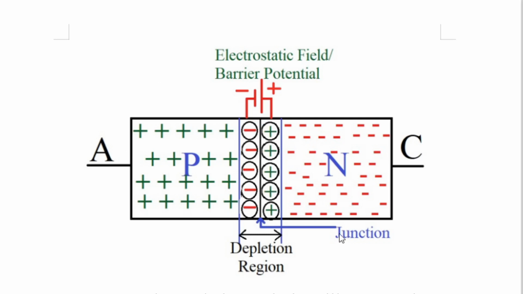A PN junction diode is a single crystal, and when p-type material is combined with n-type material, at that time only the migration of electrons starts from n-type material to p-type material, and that migration takes place very close to the junction, and everything we have studied in the previous lecture.